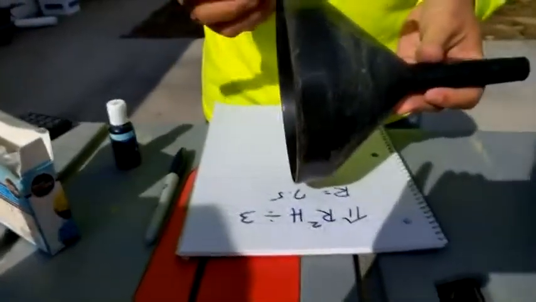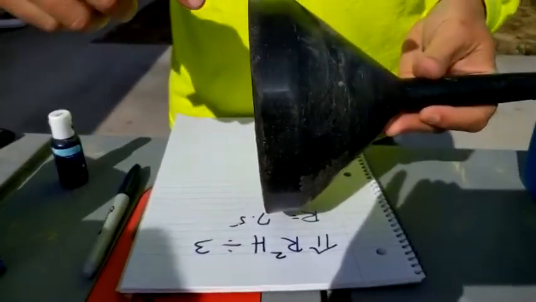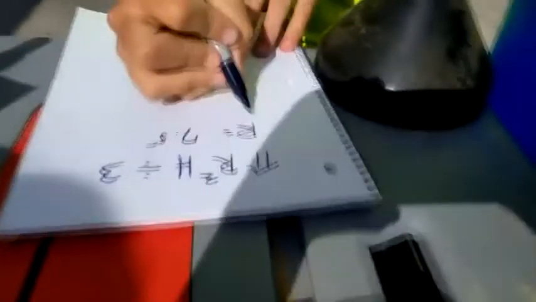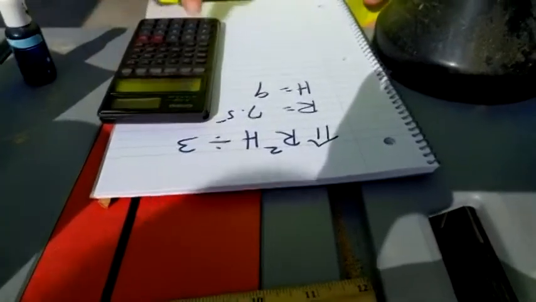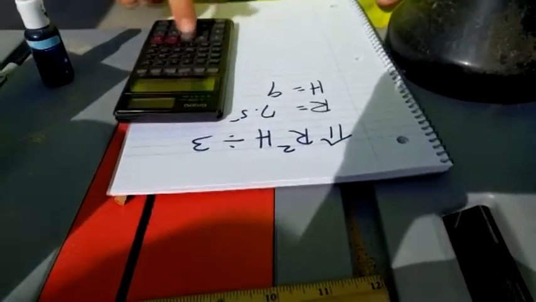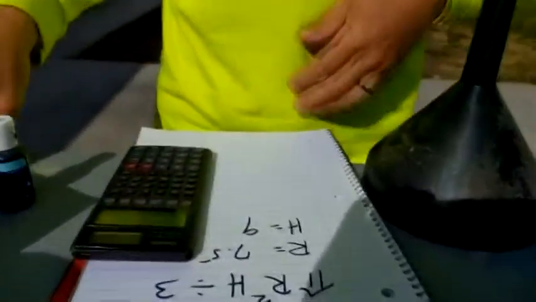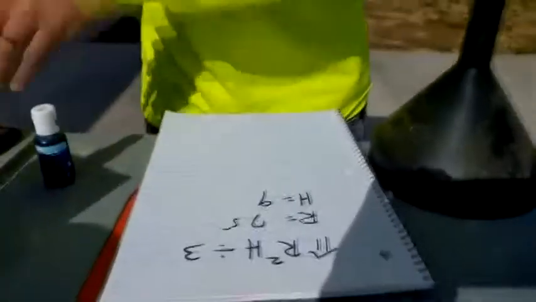And our height that we're going to use is just this piece right here, and it's an estimate, we're going to go with 9. So 7.5 times 7.5 times 9 times 3.14 divided by 3 gives us 530 about.